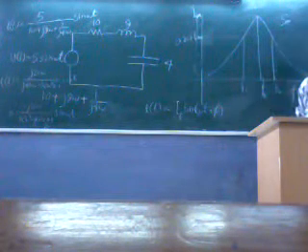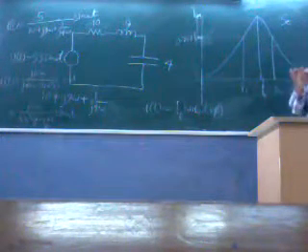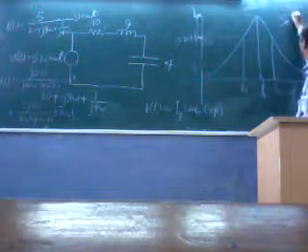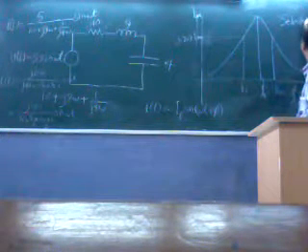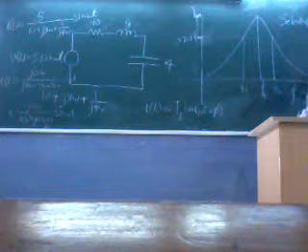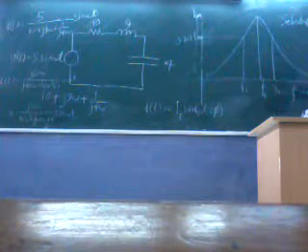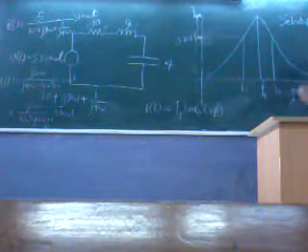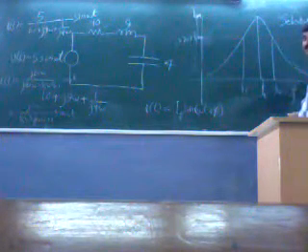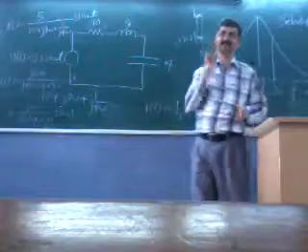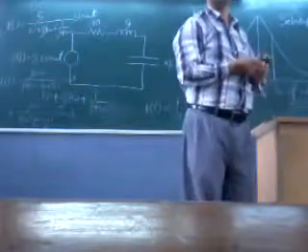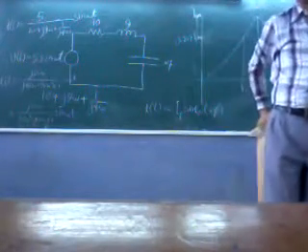Just like Q can be defined by some formula, similarly, selectivity is resonant frequency upon F2 minus F1. So lower the bandwidth, the circuit is highly selective.